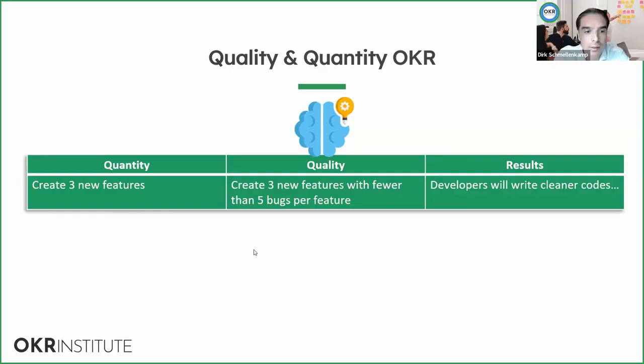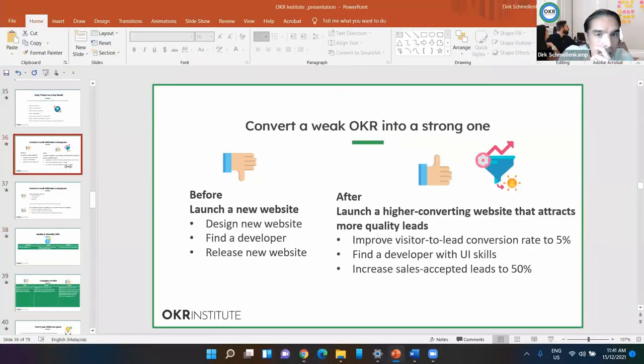So I'm just going to go back to the Q&A. From an anonymous attendee, I think this person is referring to one of your slides earlier, about converting a weak OKR into a strong one. Perhaps you can go back to that slide and highlight it.